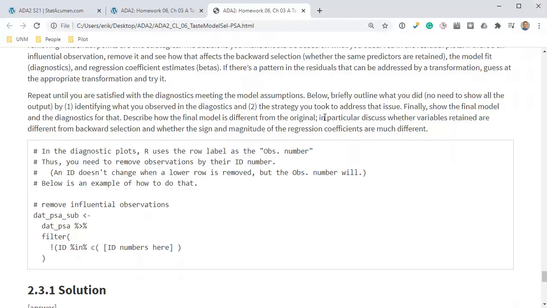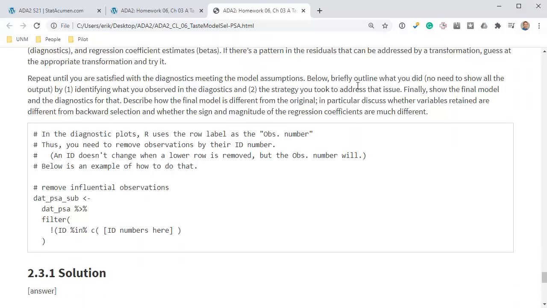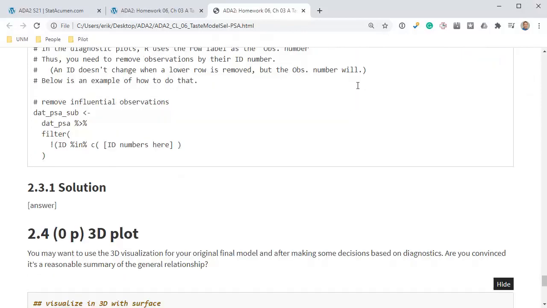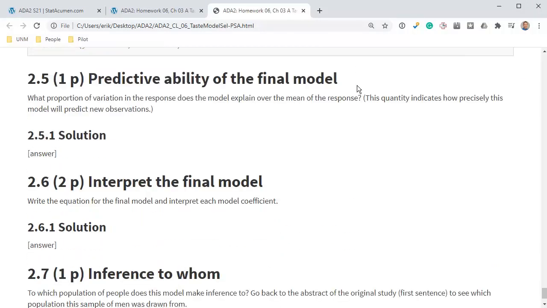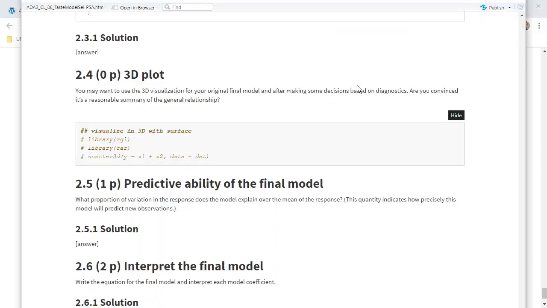You saw that they didn't change by very much, and therefore you decided to keep those observations in the model. All right, so we're in pretty good shape now.